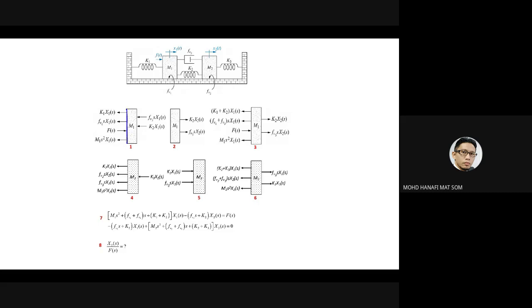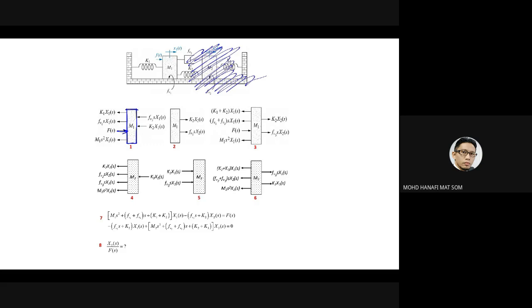We consider M1 only. We just ignore the others. We only consider M1, where on M1 we have the force applied on M1. So this is the force applied on M1.